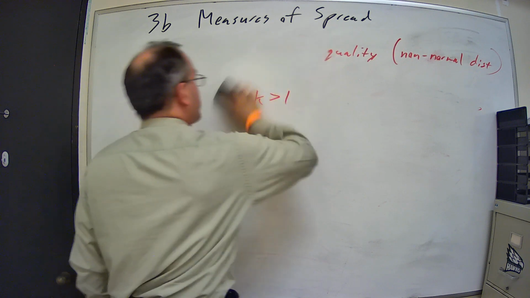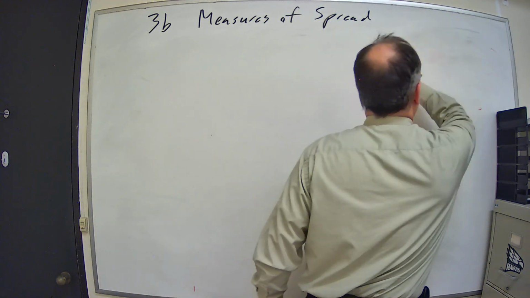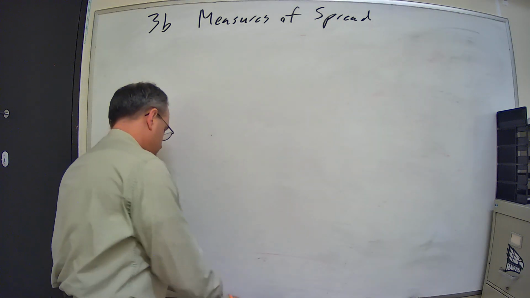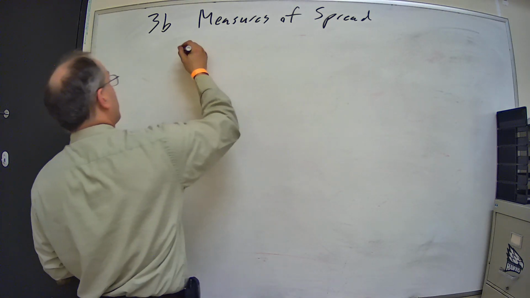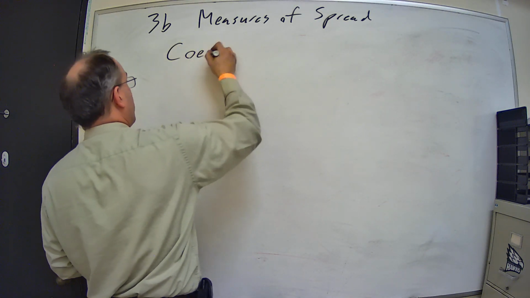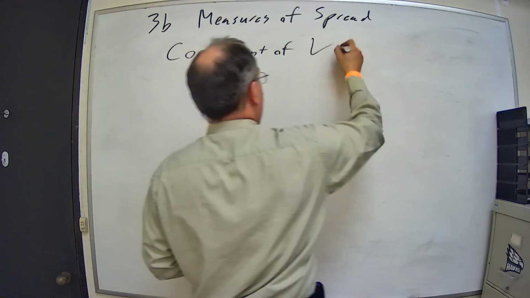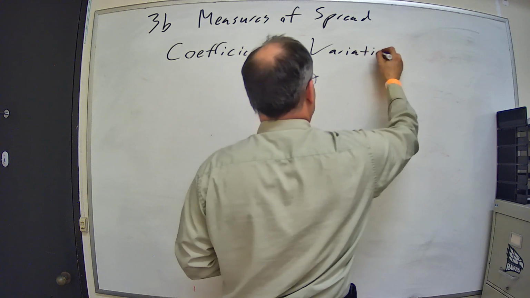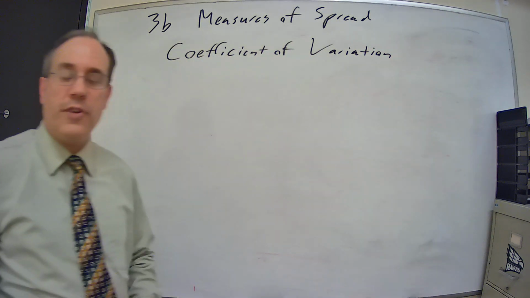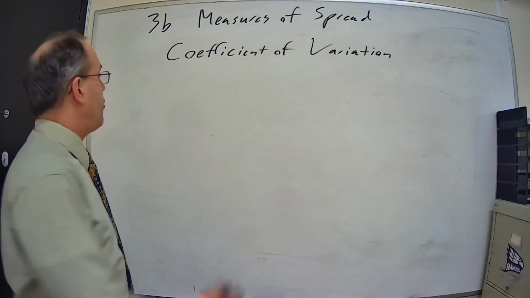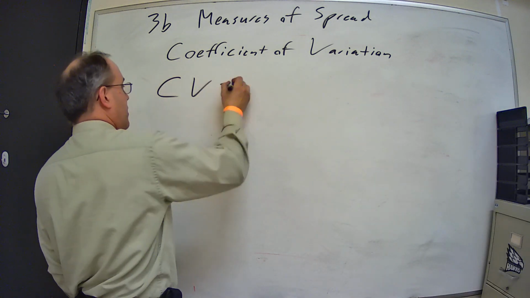Final thing for measures of spread, the coefficient of variation. Very straightforward. We use CV.